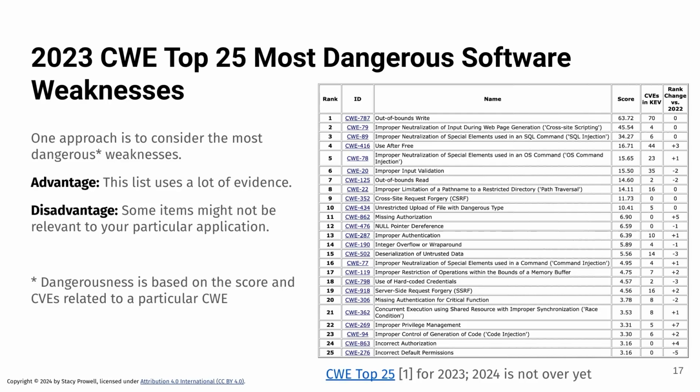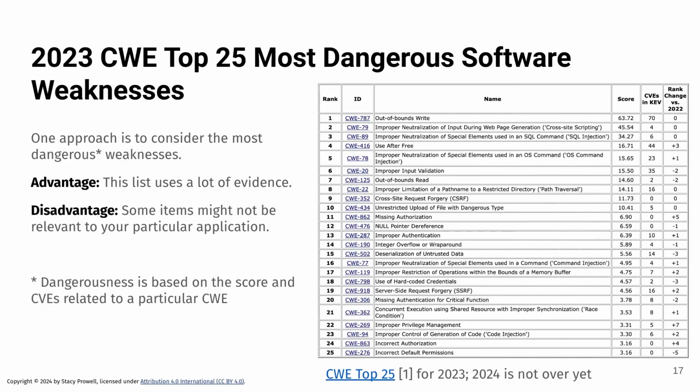Now, the advantage to this approach is this is what's happening, right? This uses a lot of evidence. A disadvantage is some things might not apply to your particular domain or application, etc. For example, number 2 is improper neutralization of input during web page generation.